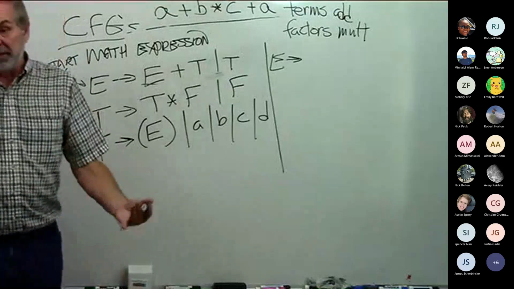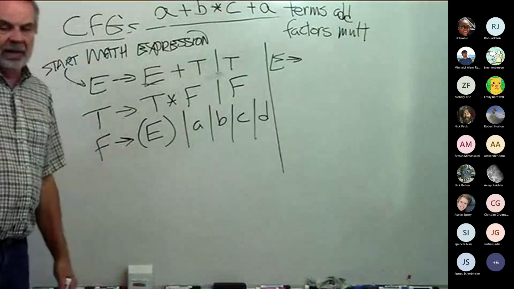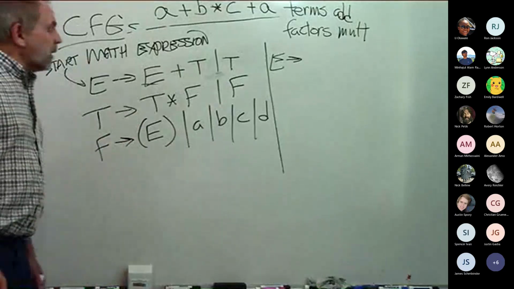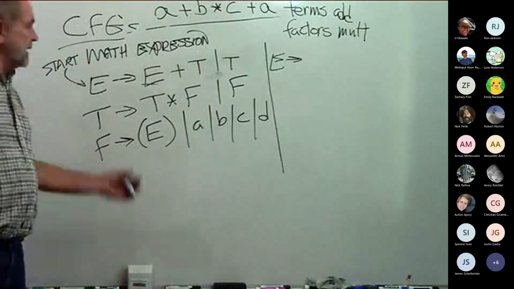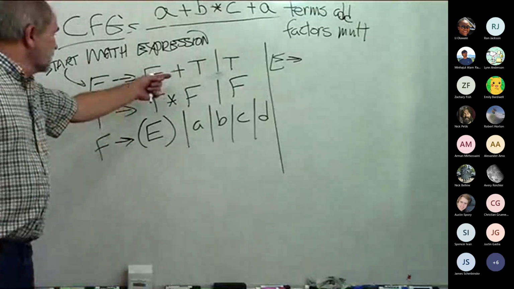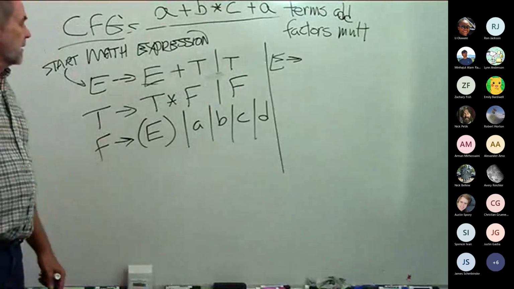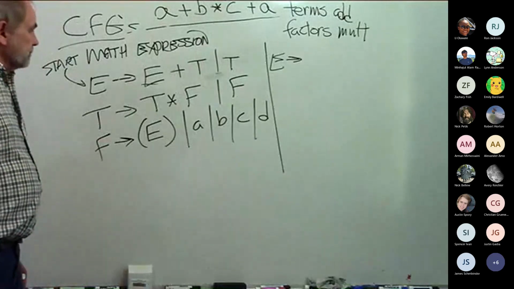Usually it's the first one that gets written down, or the first one at the top of the rules anyway. And often we use an S. In this case, I use the E for expression, F for factor, T for term. All right.